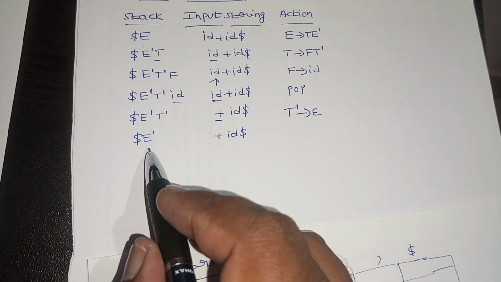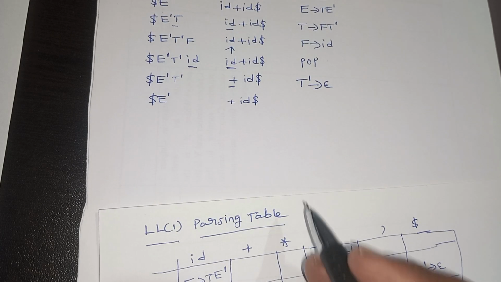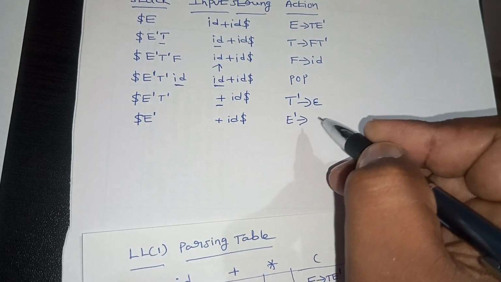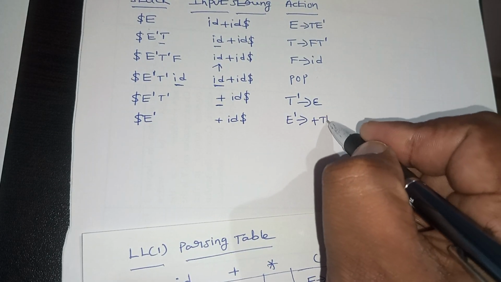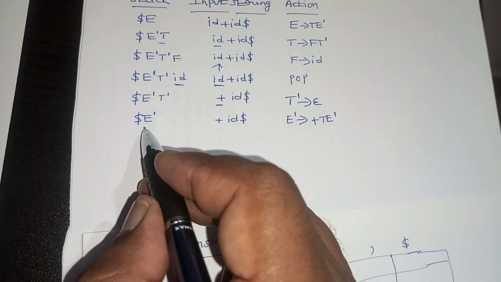Then e dash and plus, what is e dash and plus? E dash and plus equals e dash tends to plus t dash. This you write in the place of e dash in the reverse order.